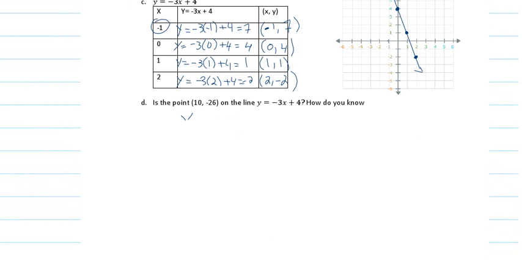Negative 3 times 10 plus 4. So I'm replacing x with its value, and I'm going to check if the y value is going to be negative 26. If it is, then I know it's on the line. So negative 3 times 10 is negative 30. Add 4 is negative 26. So because these two are matching, right, then it's on the line.